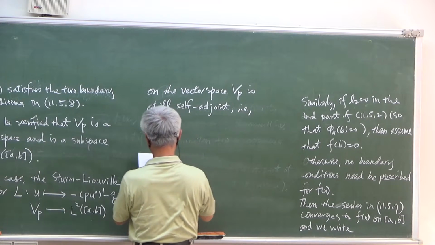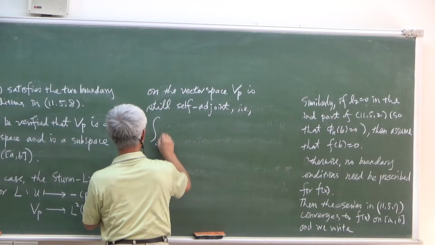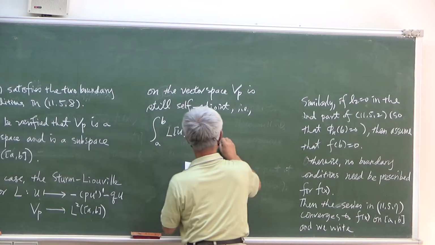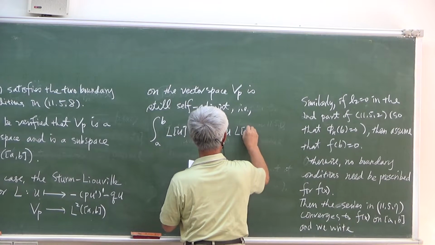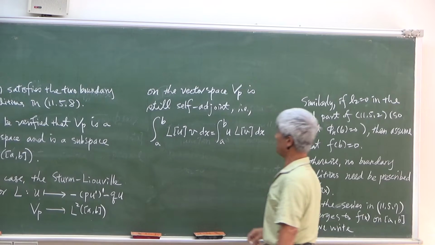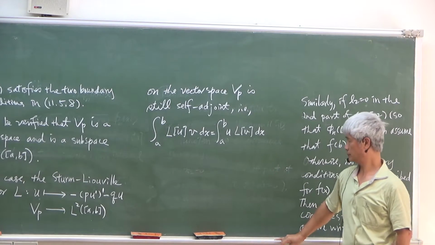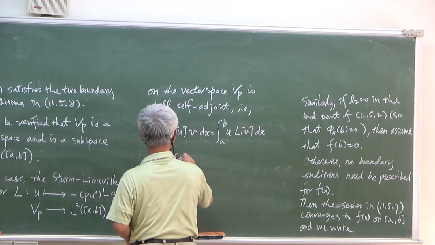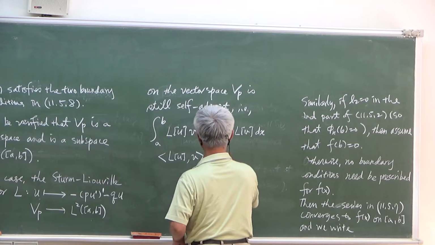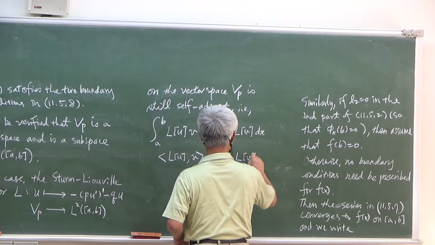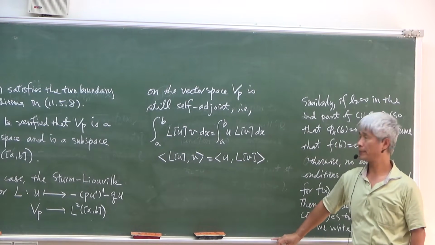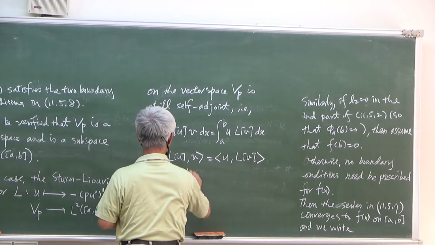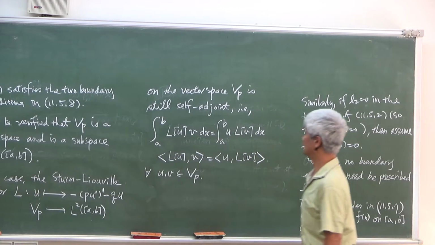And the integral of Lu times v dx equals the integral of u times Lv dx. Okay? That means that the inner product of Lu and v equals the inner product of u and Lv, for all u and v in V_P.